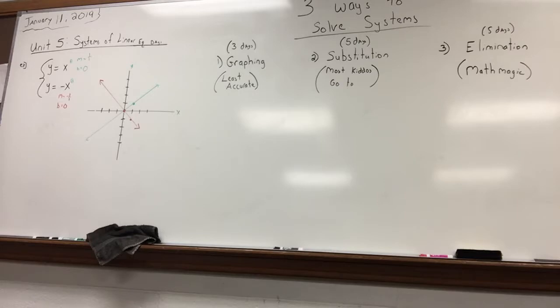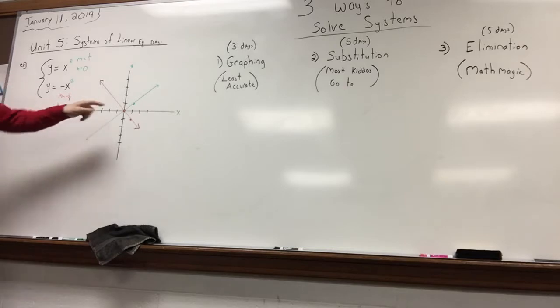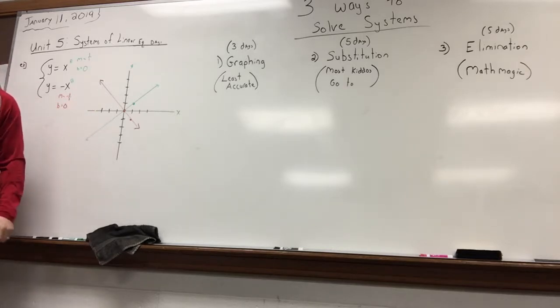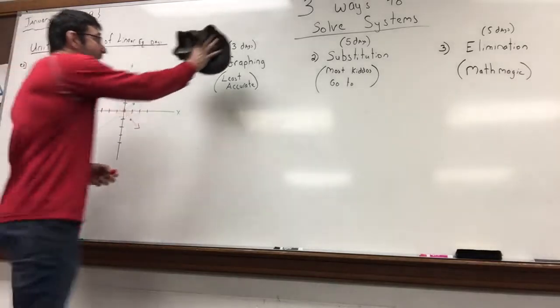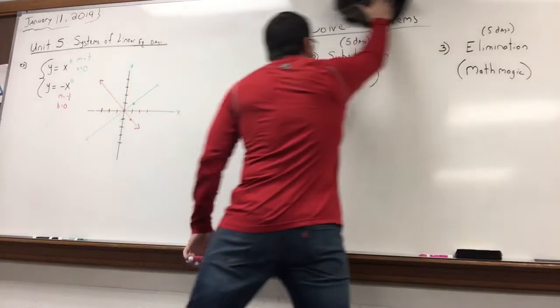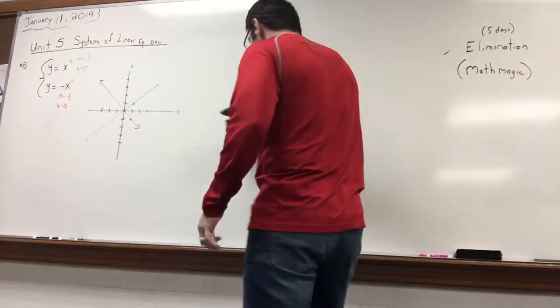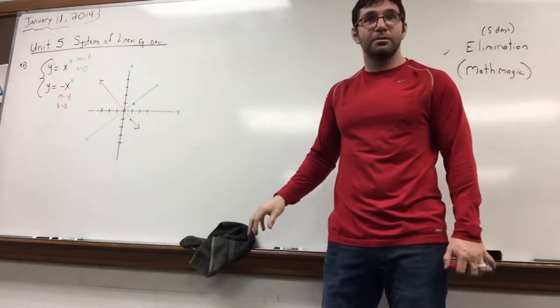What's happening with these two lines? It's only happening once. Intersection. They're only intersecting once. The goal of graphing systems is to get them to intersect. So the answer for this system is at the place of intersection.